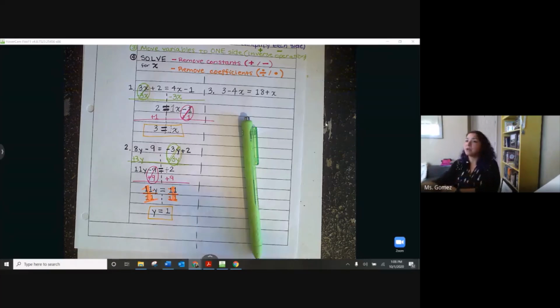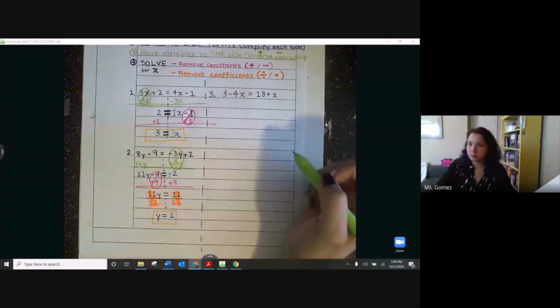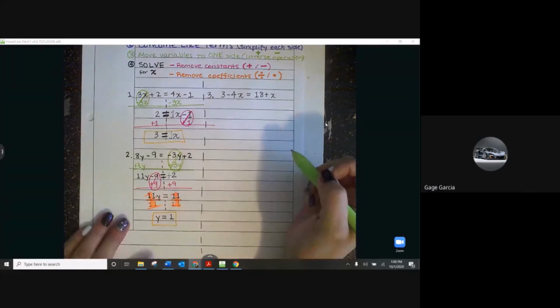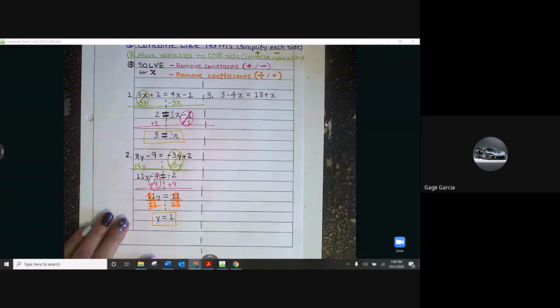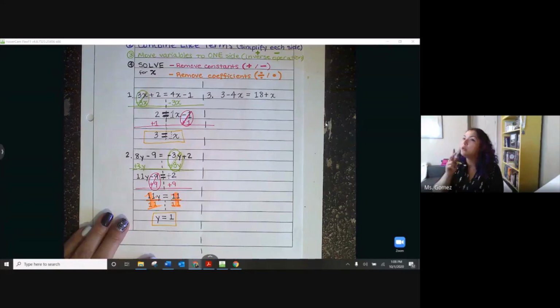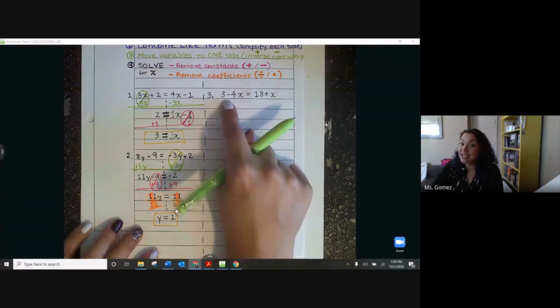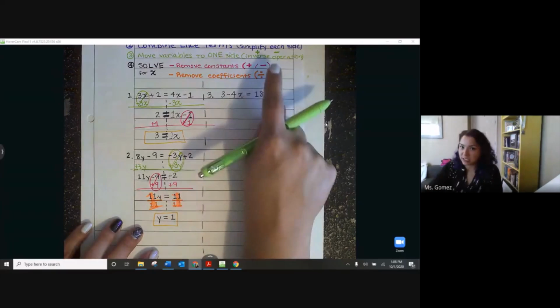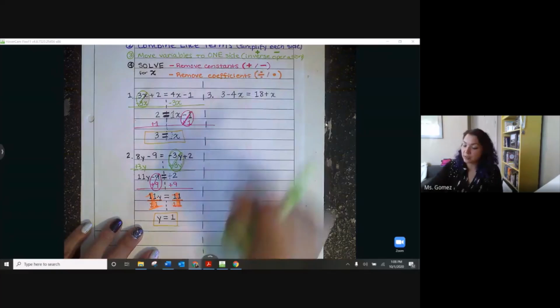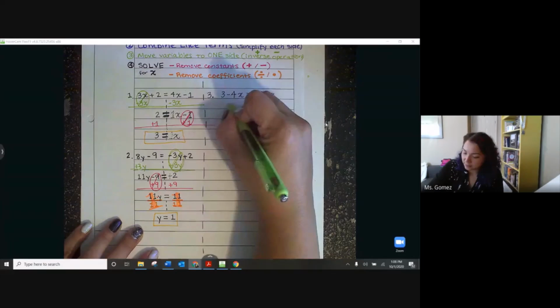All right, so how do I get rid of the negative 4x? We add negative 4x to positive 4x. Or a little backwards. I get what you're trying to say, though. It's harder to put words into motion. So we're going to get rid of the negative 4x by using the opposite, which is positive 4x.